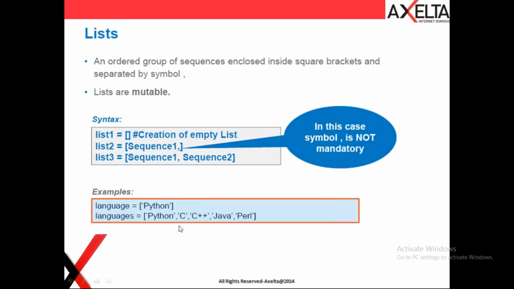Now we are going directly to the list. A list is again a data structure. It is also used for storing any type of data. It is just like an array. But what is an array? An array stores only homogeneous data of the same type.